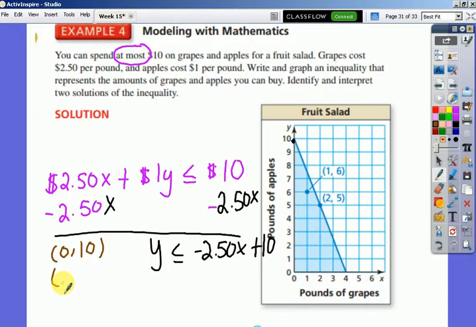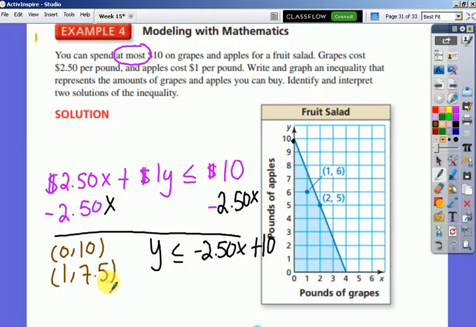So if I go to the right 1 and down 2.50, what's my next point? Subtract 2, that's 8, subtract 0.5. Yeah, 7.5. So (1, 7.5), right?